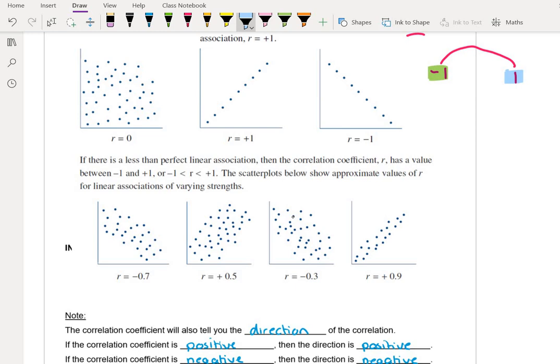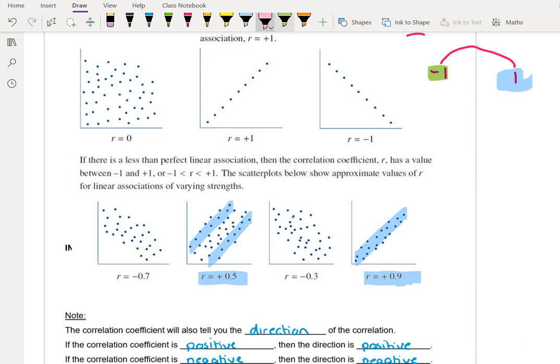So for example here, we have +0.9, which is really close to 1. So you'll expect to see almost a straight line. Whereas this one's still positive, 0.5, but it's not as strong as 0.9 or 1. So you'll see a straight line, but it's a bit wider, a bit more spread out.